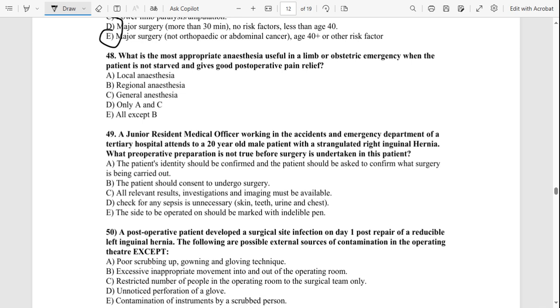What is the best anesthesia we can use for, let's say, an obstetric emergency, or a limb anesthesia, someone that ate food. And remember, why do we tell patients who are going to theater not to eat? Preventing aspiration pneumonia.